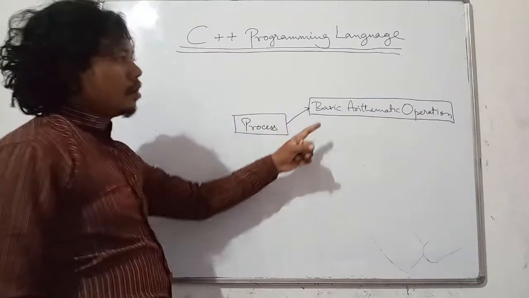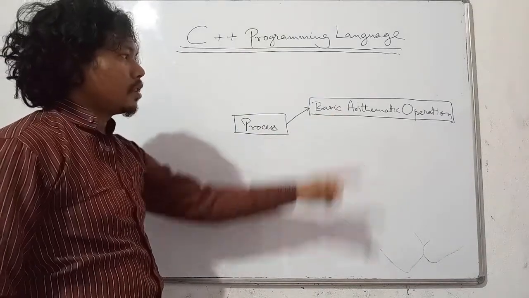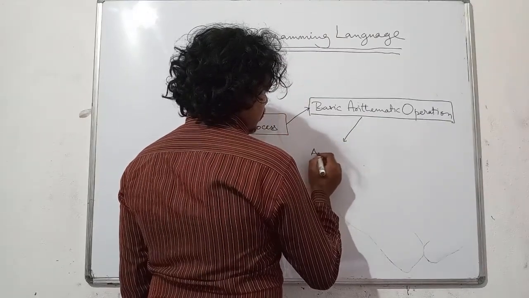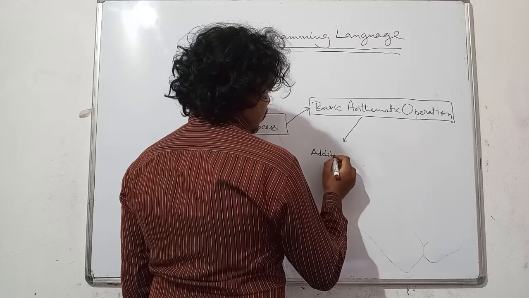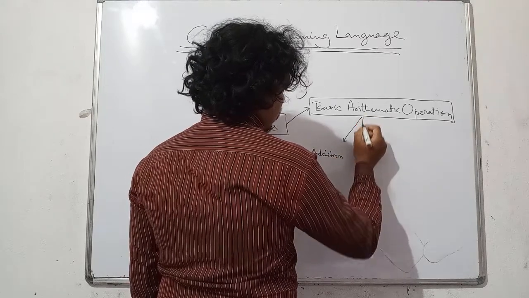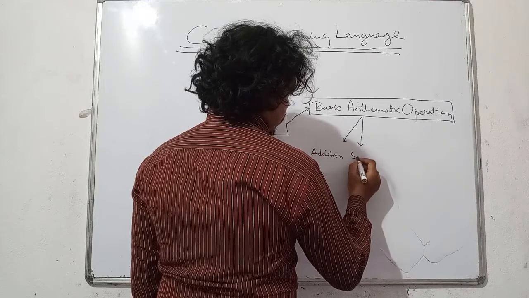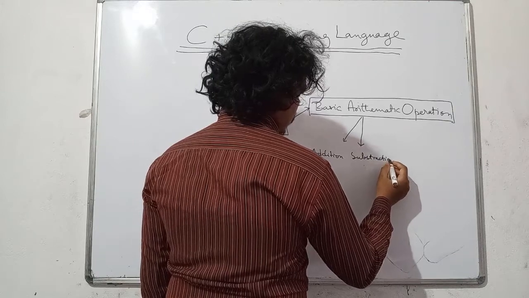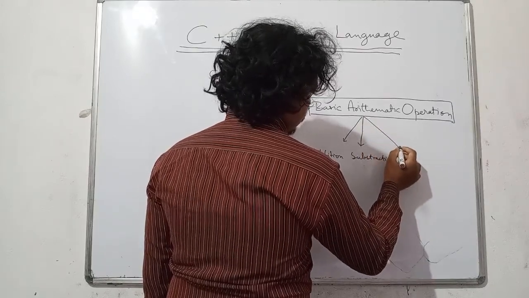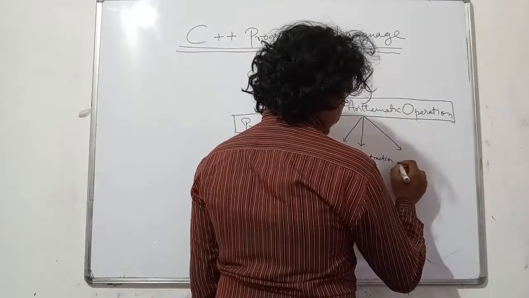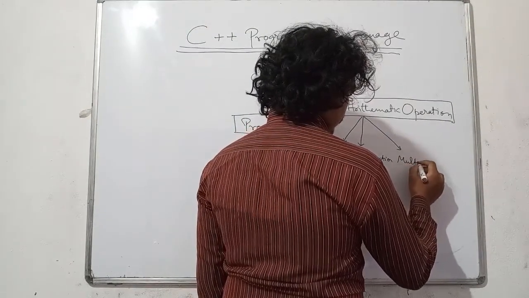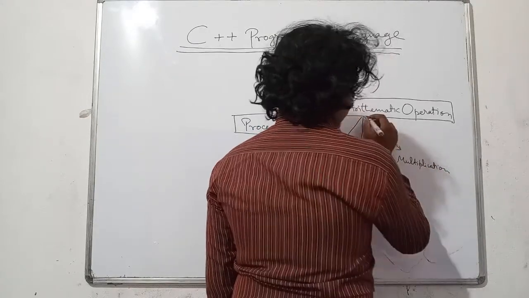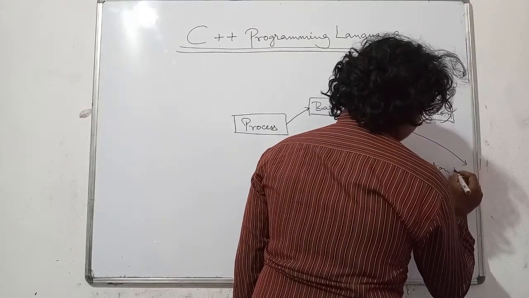There are four types of basic arithmetic operations, like addition, subtraction, multiplication, and division.